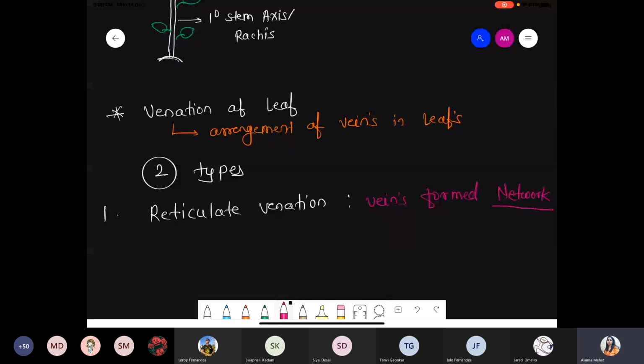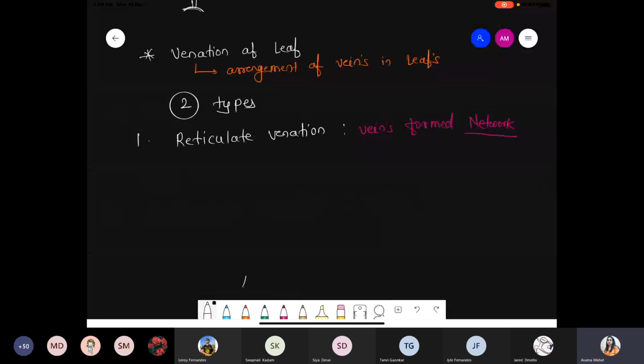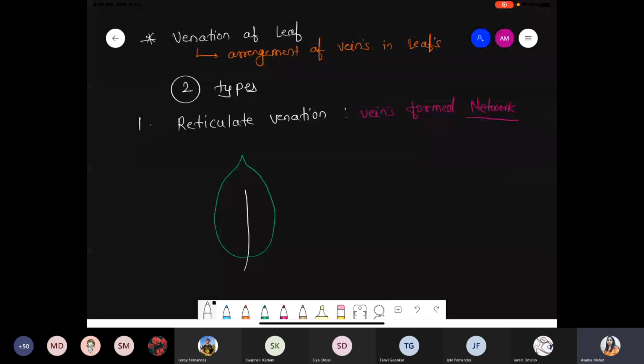Suppose a leaf. Suppose this is the leaf, and inside the leaf veins are present. Normally veins are present like this, midrib present, veins are present. And now there is a presence of veinlets, and those veinlets form a network like this.